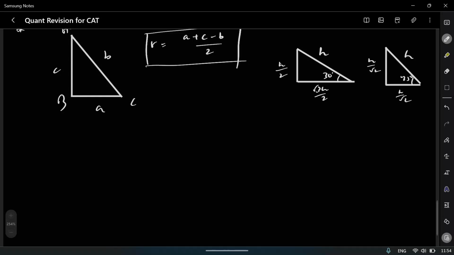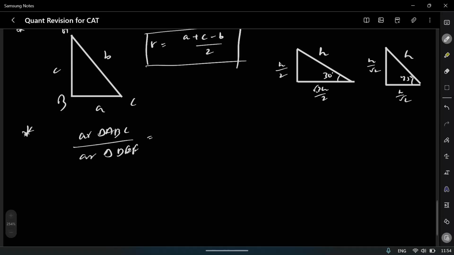So, similar triangles. If there are two similar triangles, area of triangle ABC by area of triangle DEF, let these two be similar triangles.